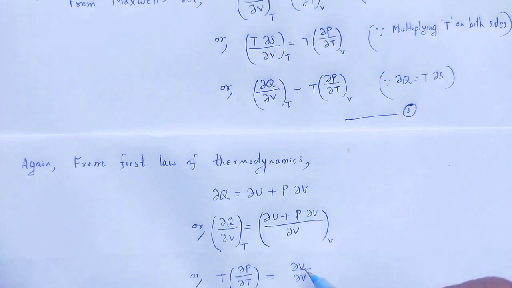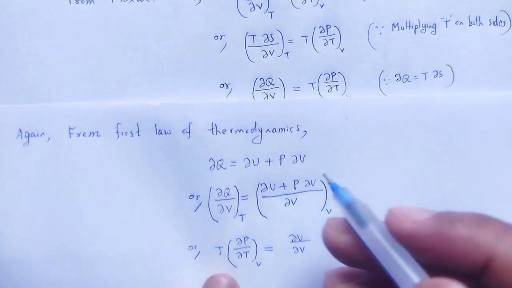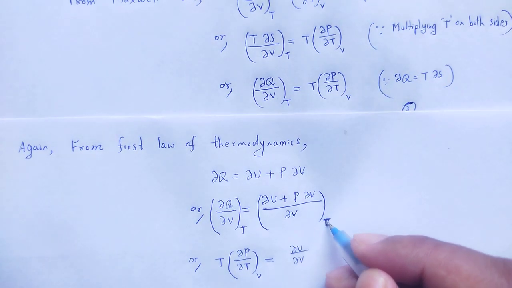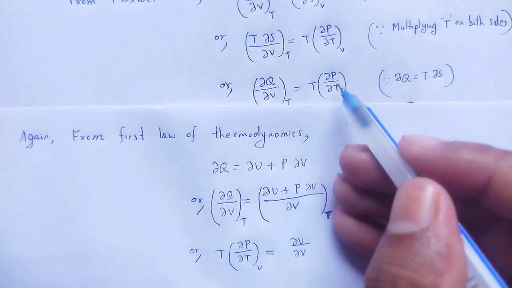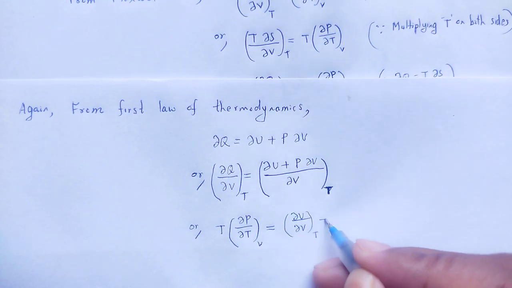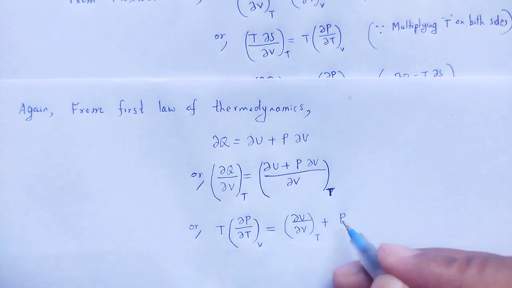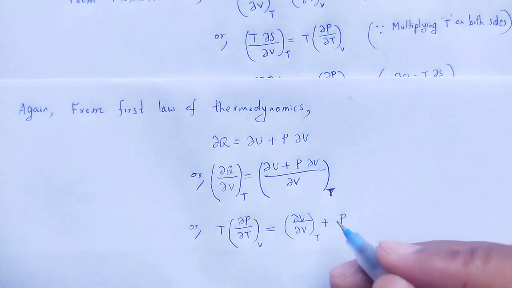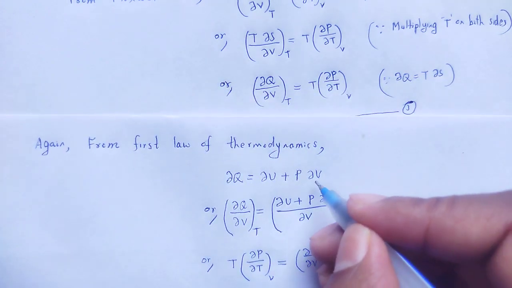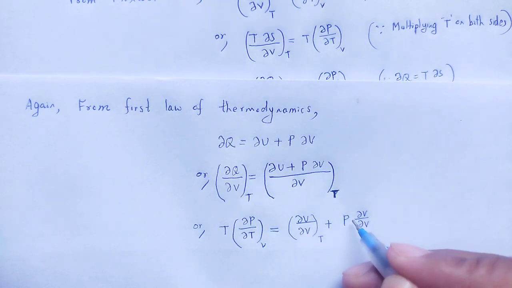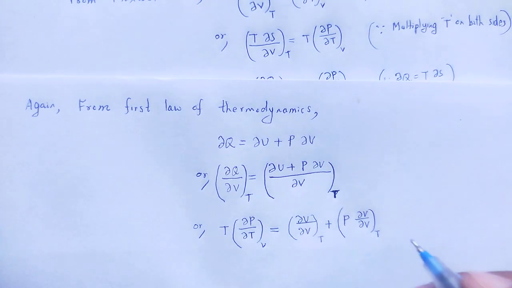∂U/∂V, sorry, since we consider it at constant temperature, that side is also taken at constant temperature. Here ∂Q/∂V at T is ∂P/∂T and ∂U/∂V at constant temperature plus P ∂V/∂V at constant temperature.